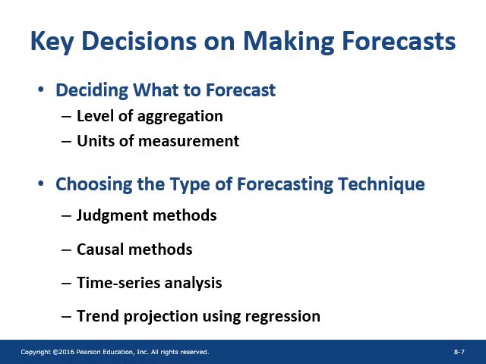Maybe product families, could be thinking about things a variety of ways. And so the first thing we've got to do is decide exactly how we're going to measure what we're going to measure and what the level of aggregation is going to be. You kind of get the picture there.